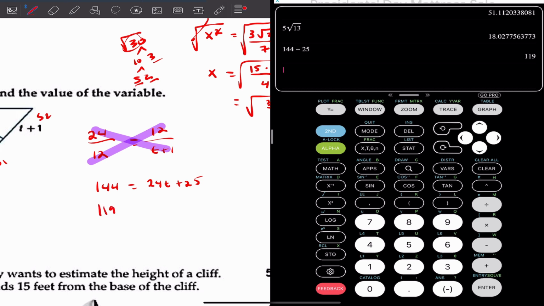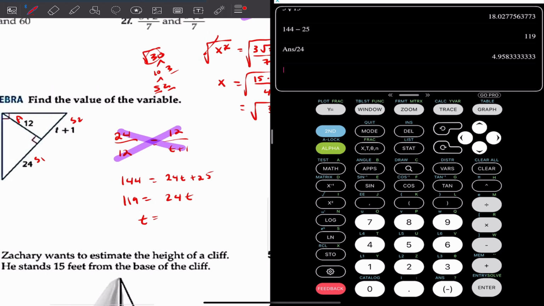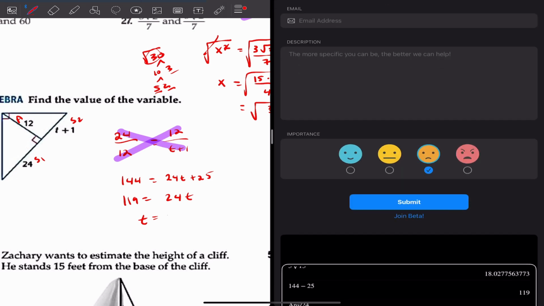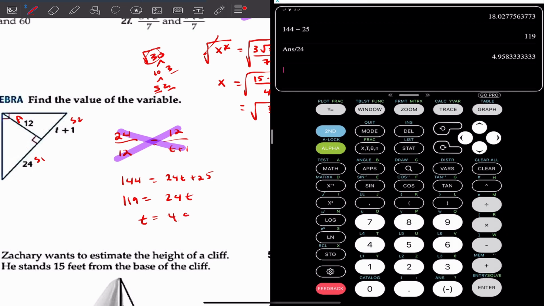That's 119 equals 24t. So t equals 4.96. So it's 4.96, or you can approximately say that's 5.